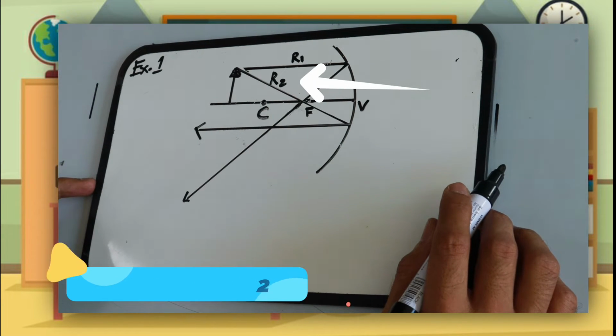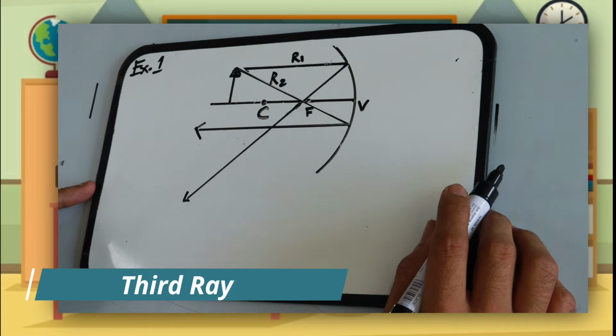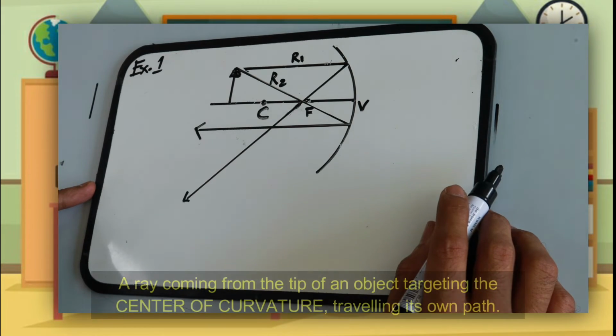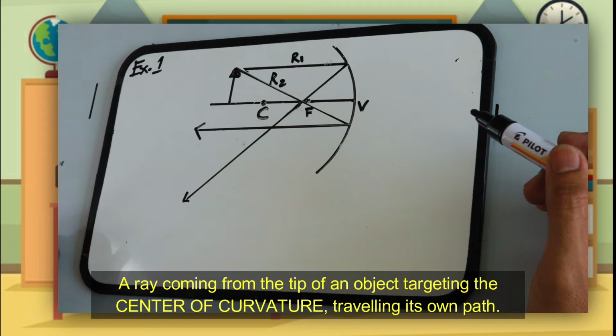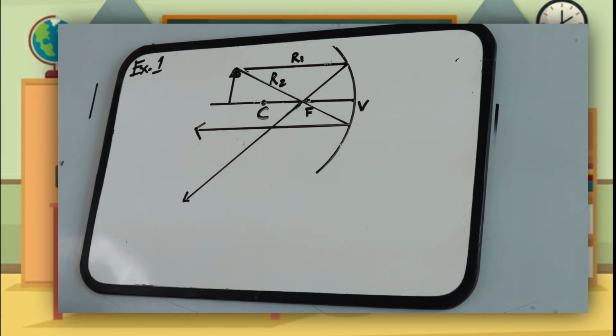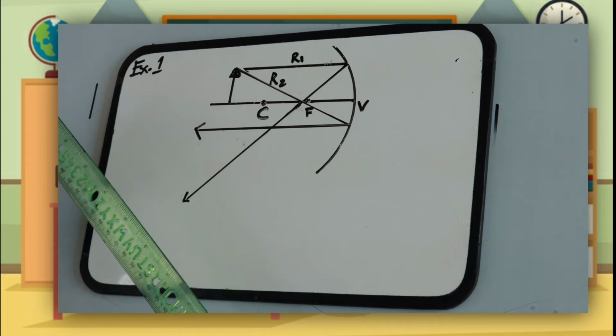Then for our third ray, the description is a ray of light coming from the tip of our object, targeting the center of curvature, then reflecting along its own path. So how are we going to deal with this third ray?